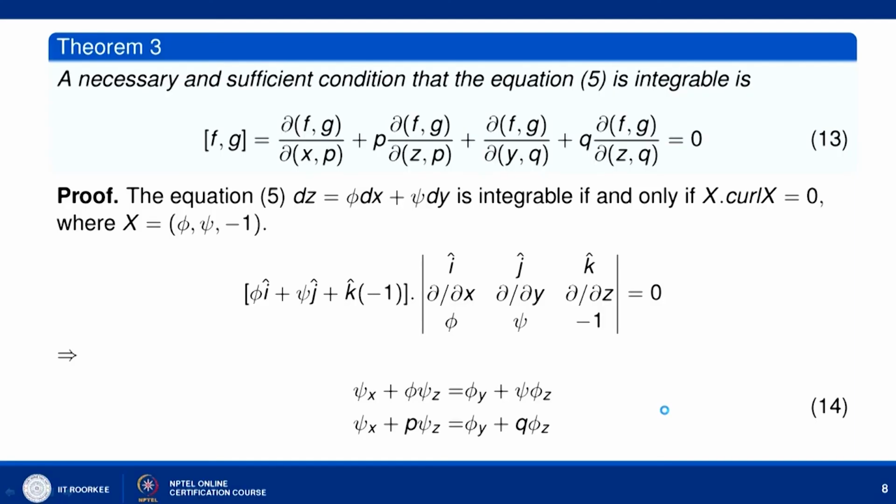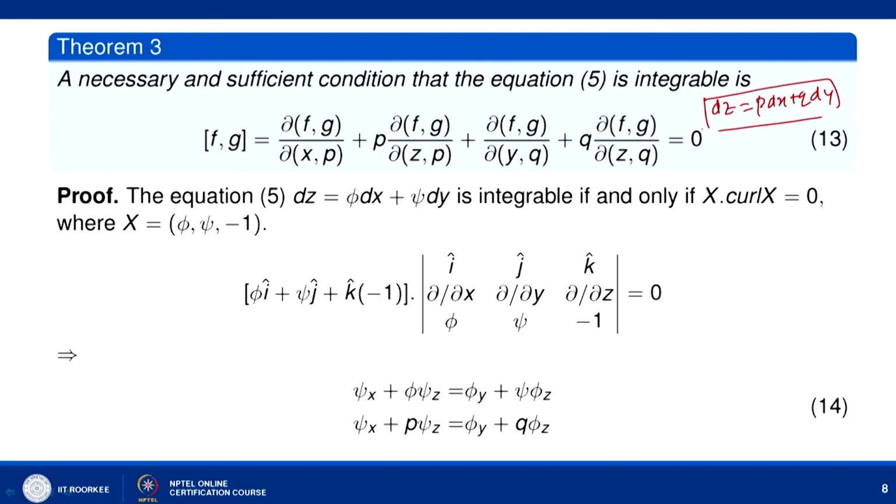So in theorem 3 we will give the necessary and sufficient condition that the two equations are compatible and the corresponding dz = p dx + q dy is integrable. So this condition is to give that dz = p dx + q dy is integrable. So basically you can consider this as an integrability condition, provided that the Jacobian is non-zero.